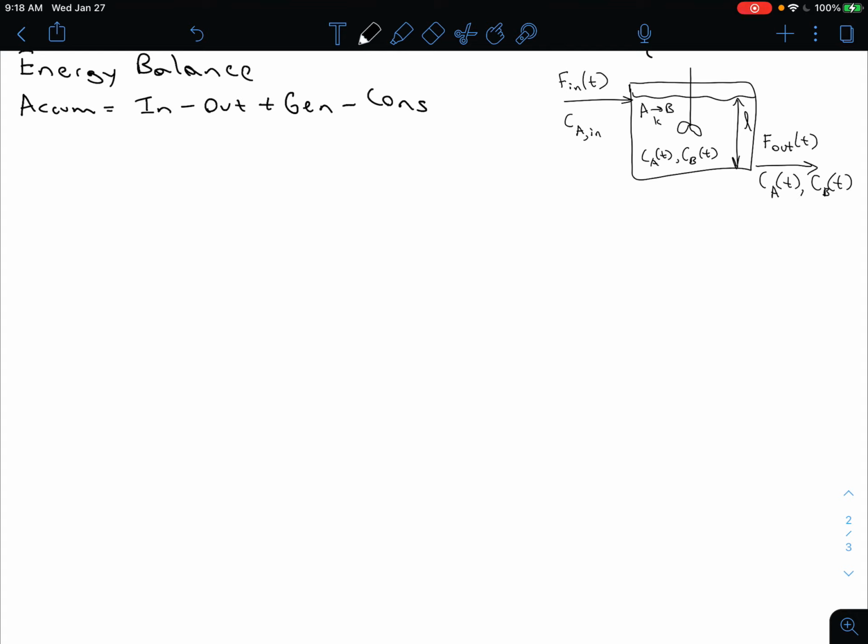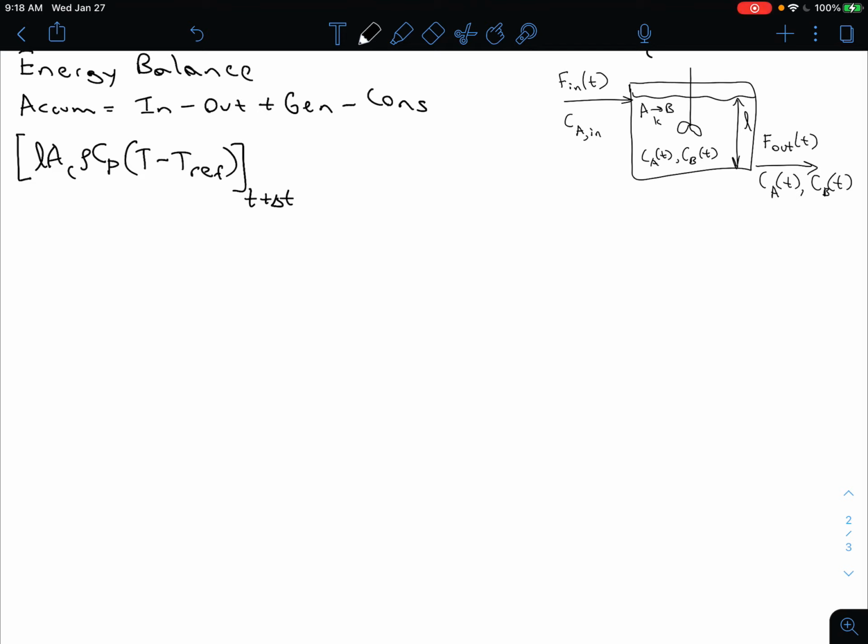Accumulation of energy follows. Energy in the tank is considered to be the internal energy of the fluid. So the volume of the fluid, L A sub C, times the density times the heat capacity. That has to do with our specific choice for units on heat capacity. This heat capacity is on a mass basis. Times T minus T ref.